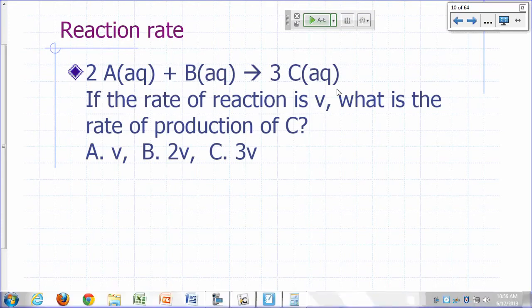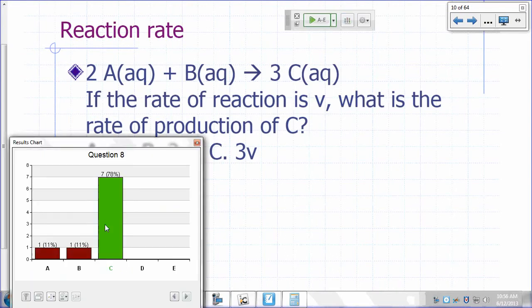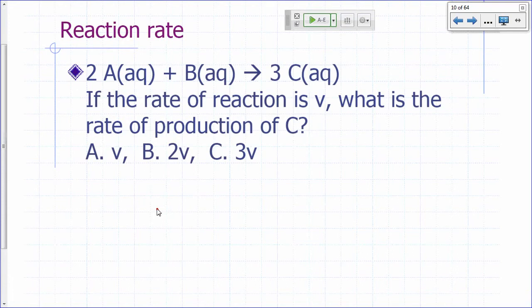Let's see if you got that concept. 3V. Very good. So we say that the rate of consumption of A is equal to 2V.